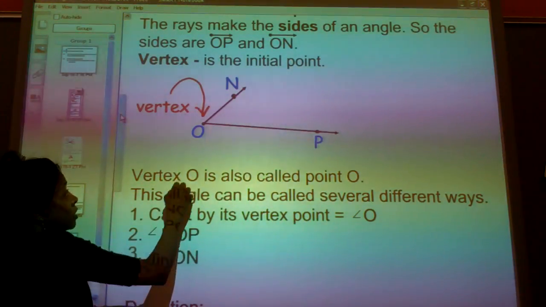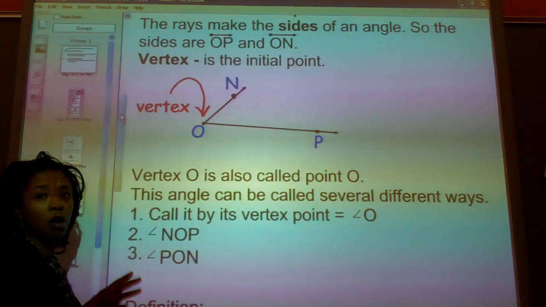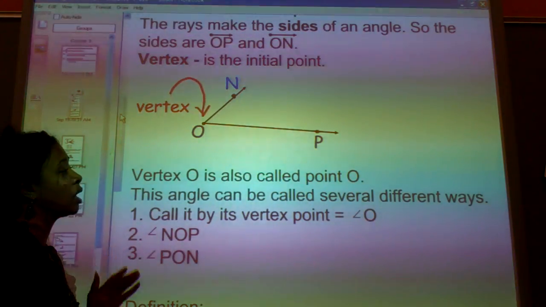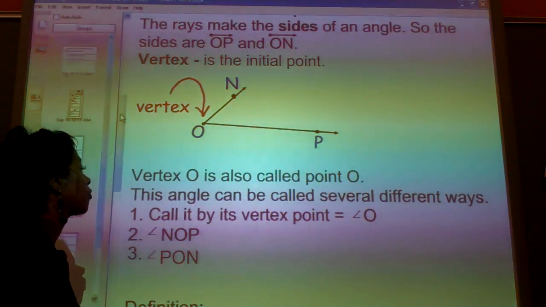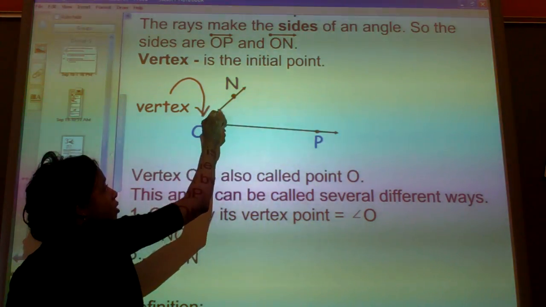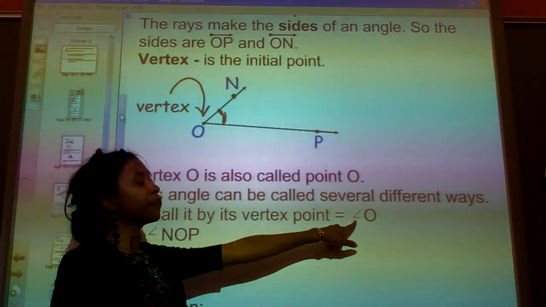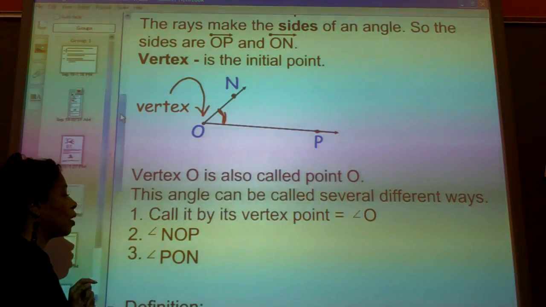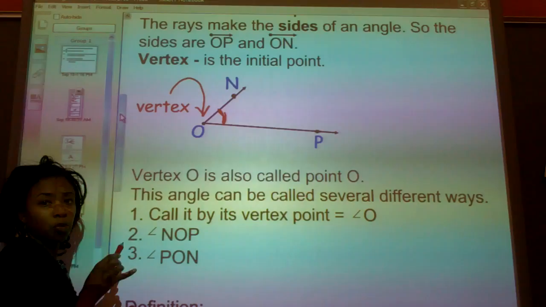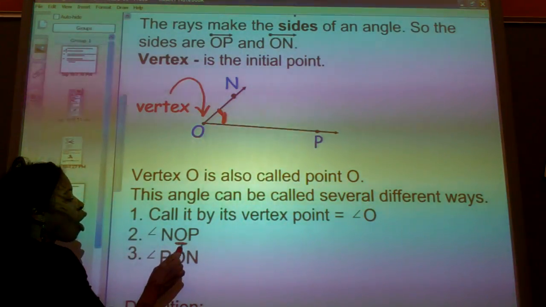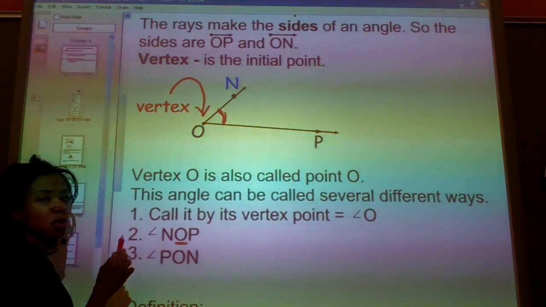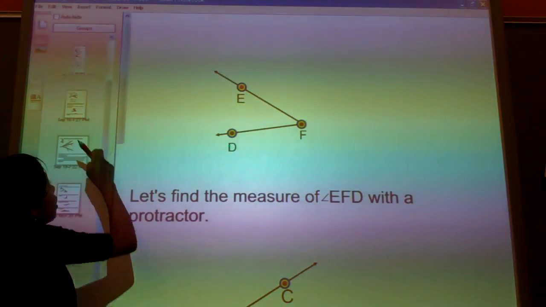This angle NOP can be called three different names. It has three different names, same meaning, and we can call it out three different ways. Number one, we can call it by its vertex. When I'm talking about this angle, it's angle O. That's one name that we can give it. We can also call this angle NOP with the 3 points. Notice how O, which is the vertex or the initial point, is in the center of the 3 points that I call it.